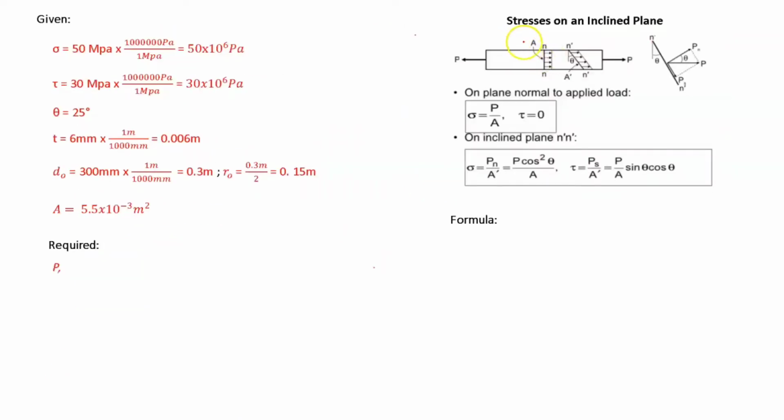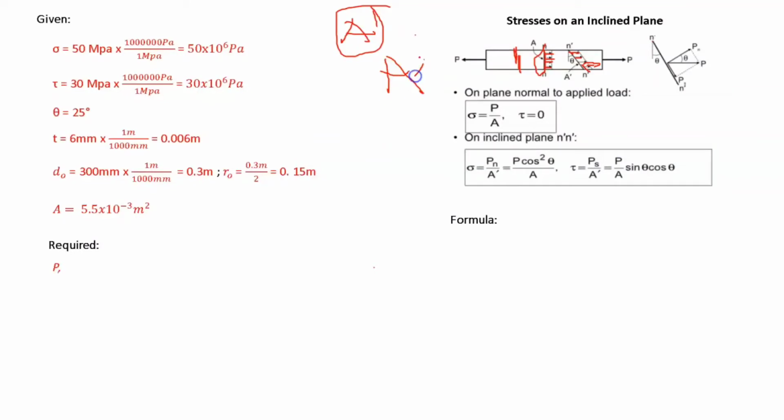Let's review the stresses on an inclined plane. Assuming that this is the steel in the problem, here this is the normal plane to the applied load. So the plane is inclined. You can see the load is also changing, and the area is also changing. We call it A prime. Let's focus on this.